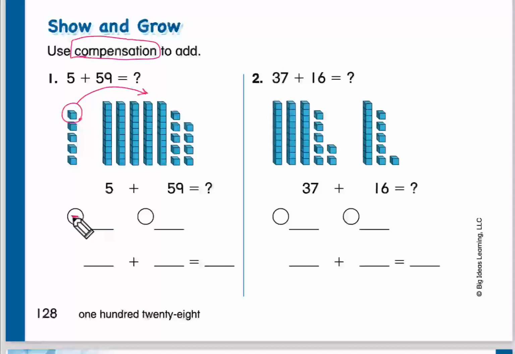Now 5 minus 1 equals 4. And 59 plus 1 is 60. So 4 plus 60 is 64. Okay, thank you, Ibrahim.